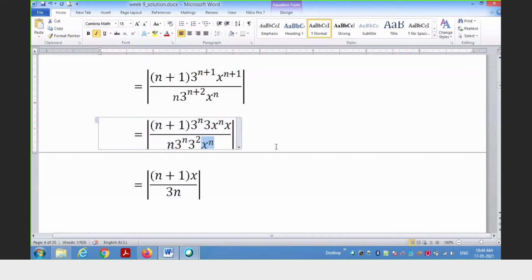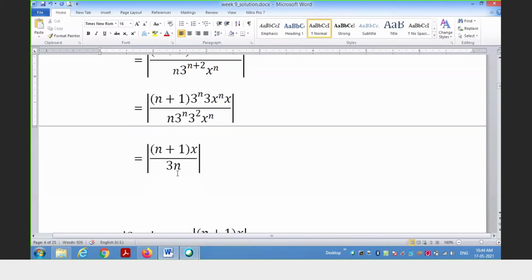So we can simplify this as (n plus 1) times x over 3n.